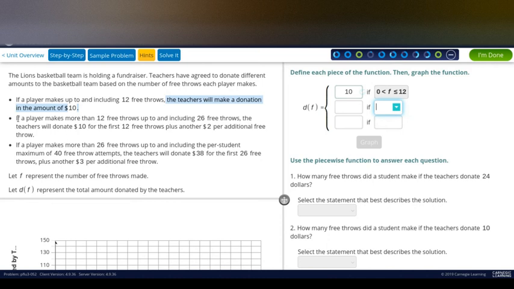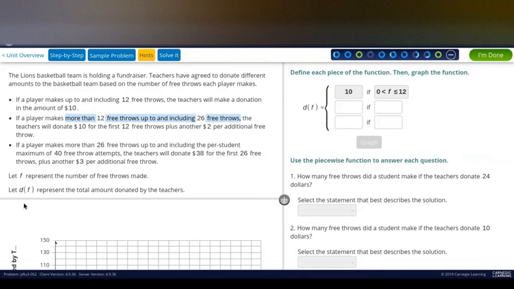Second equation. If a player makes more than 12 free throws, up to and including 26 free throws, the teachers will donate $10 for the first 12 free throws, plus another $2 per additional free throw. So let's start out with our domain, get rid of some of these numbers. So we have more than 12 free throws, up to and including 26 free throws.